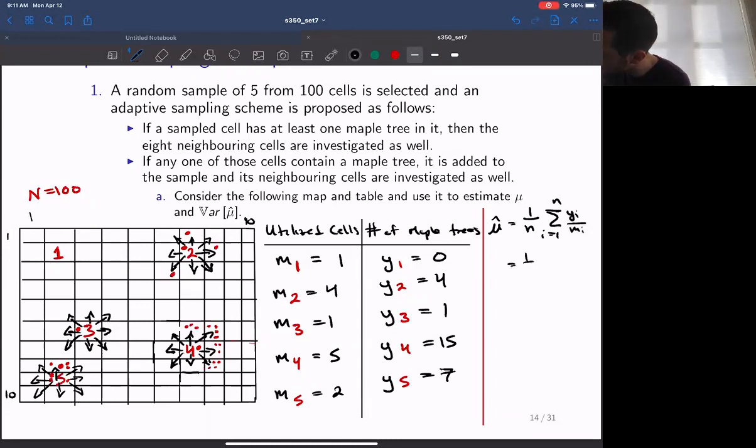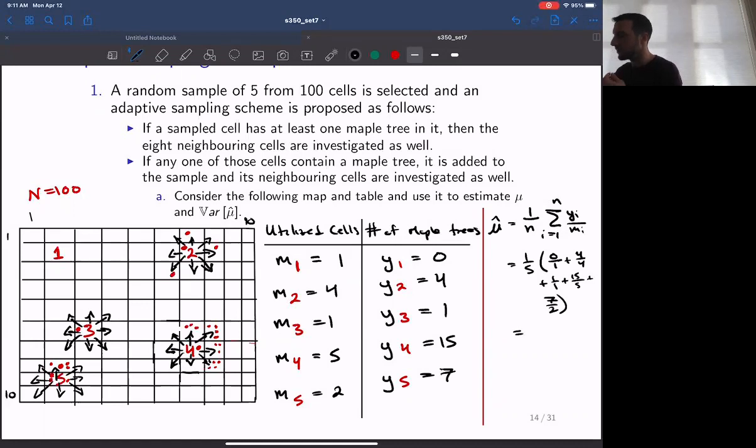So we're going to have 1 over 5 here. And then what we're going to have to do is take each of the different fractions that is associated with this measurement. So this would be, for example, 0 over 1 plus 4 over 4 plus 1 over 1 plus 15 over 5 plus 7 over 2.